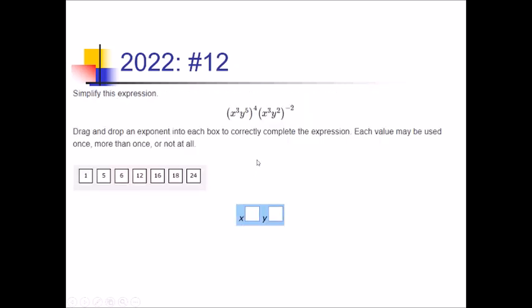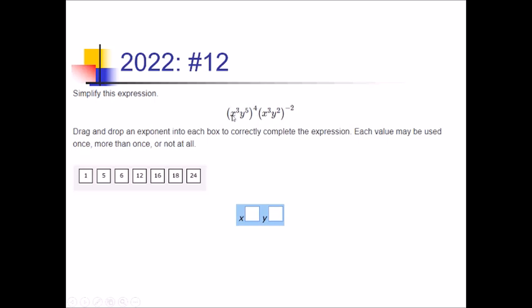On this problem, we basically need to simplify this expression here. So using our exponent rules, when we have things inside a parentheses with an exponent outside, if everything inside is being multiplied or divided, we can multiply the exponents in here by this outer exponent.